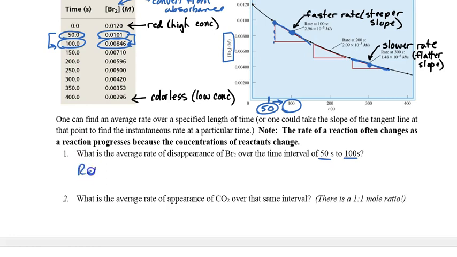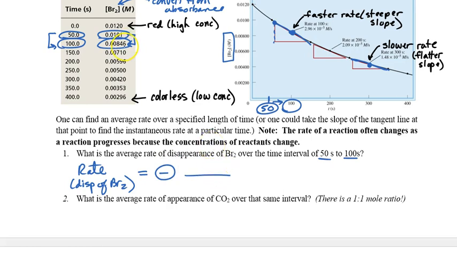So the rate, in this case we're going to do the disappearance of Br2, because remember Br2 is a reactant, and so that's going to be disappearing. So for the rate of disappearance of Br2, we need to officially put in that negative, because again, the concentration is going to decrease.